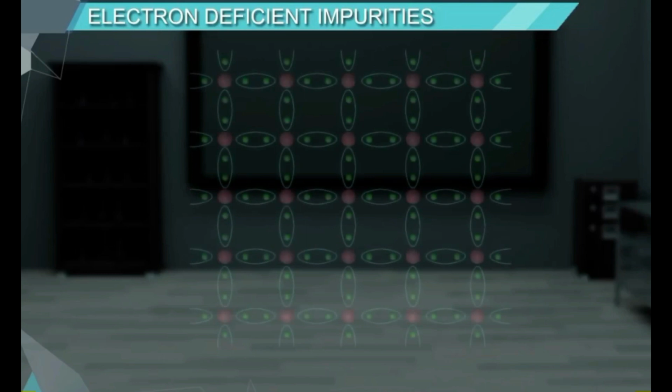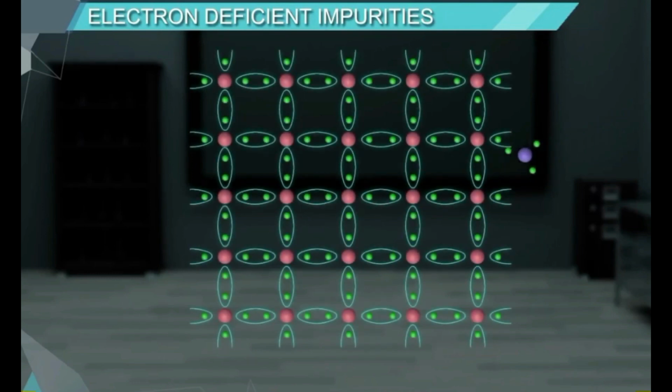When silicon is doped with some group 13 elements, some of the positions in the lattice are substituted by atoms of the group 13 element. Thus, they form only 3 covalent bonds with silicon.